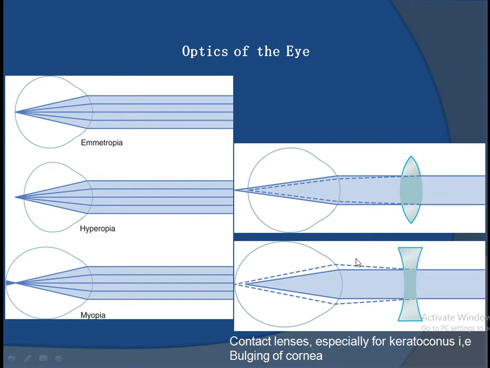These are the colored lenses, while we can also have transparent lenses which are transparent throughout, in the center and on the peripheral part.